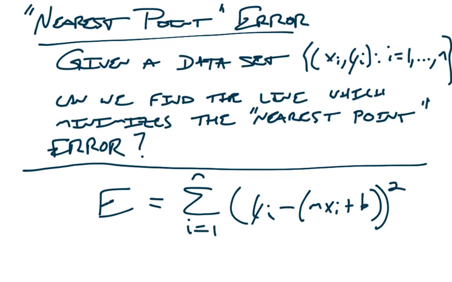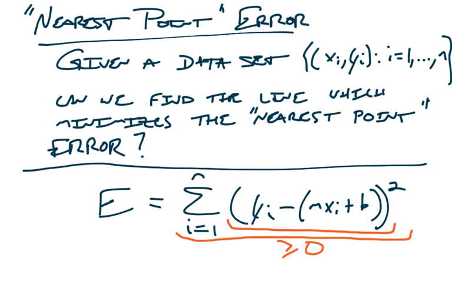So we were trying to minimize this thing, and the thing that I wanted you to notice, but I didn't make explicit, is that all of these are necessarily bigger than or equal to 0. And adding them up is going to preserve the fact that the total is still bigger than or equal to 0. So we've got this function that's always bigger than or equal to 0.